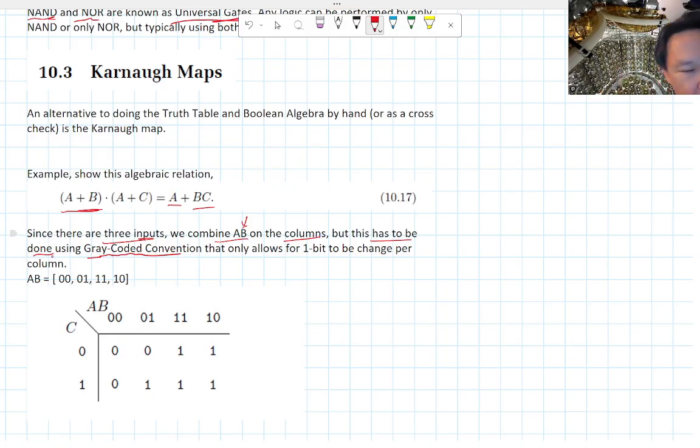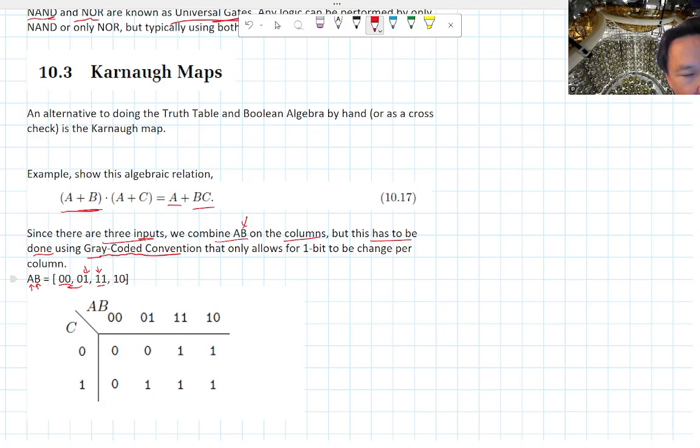For AB, you start off with 0, 0. I'm going to change B to 1. But instead of changing B back to 0, which would go back to the original state and be redundant, I'm going to change A to 1. That's why 1, 1 is in the third place here.